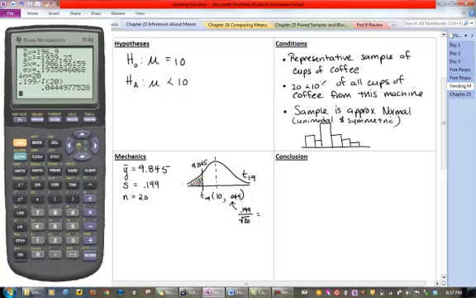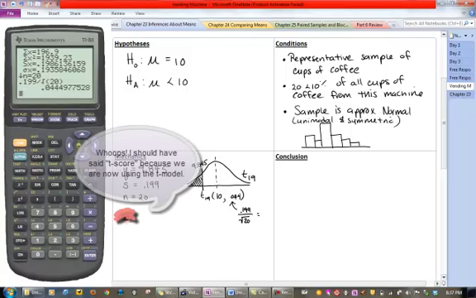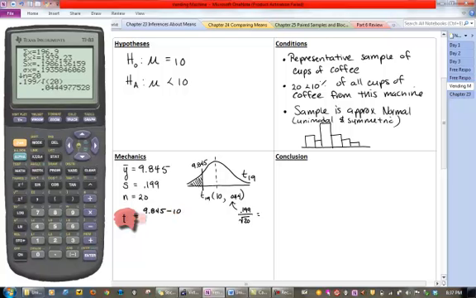All right, so just like every other problem, we want to calculate the z-score. And the z-score is going to be 9.845 minus 10 over 0.044. So 9.845 minus 10, and I'm just going to leave my answer in there and go second answer, and we get negative 3.48.